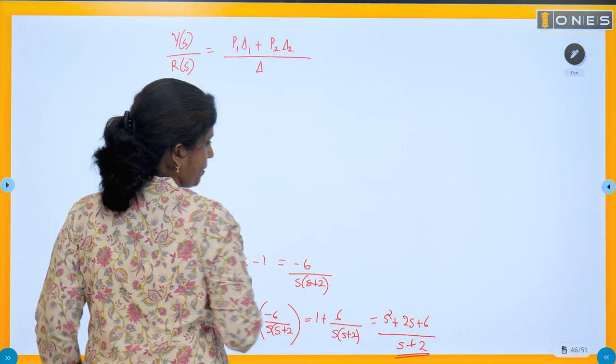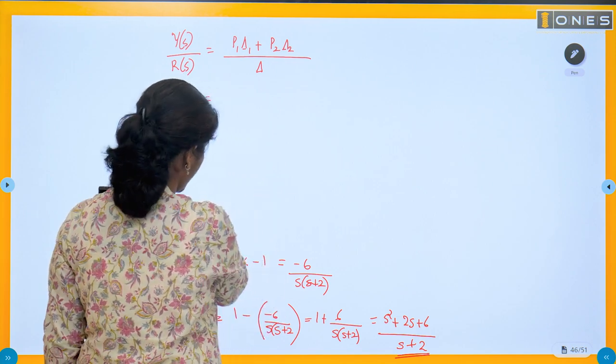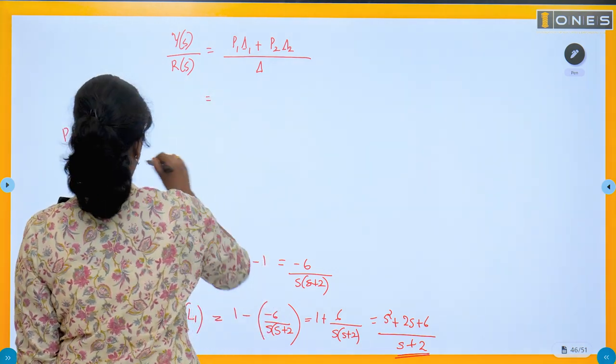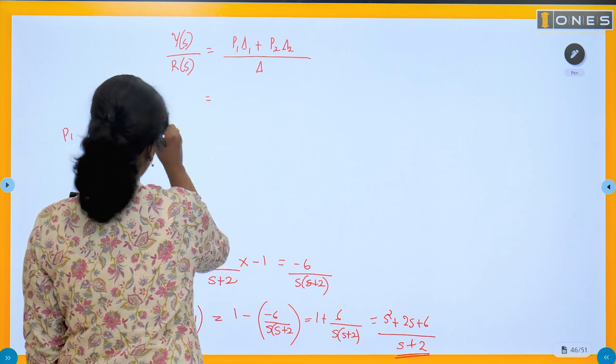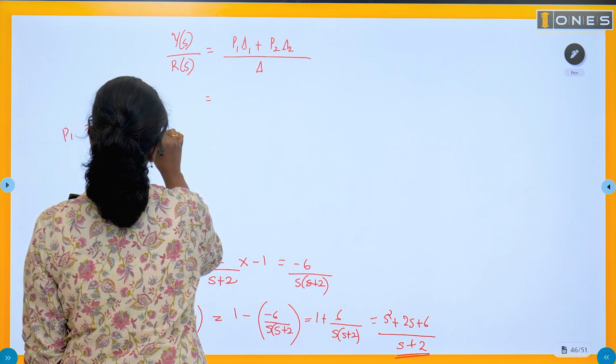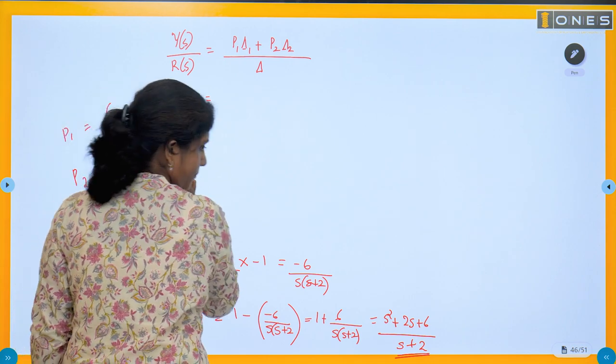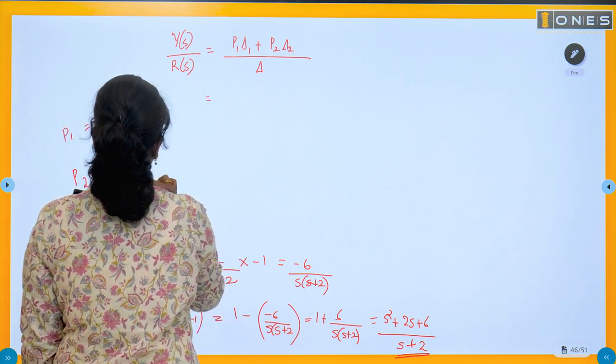We found p1 earlier: p1 was 6 by s into s plus 2 and p2 was minus 2 by s plus 2.